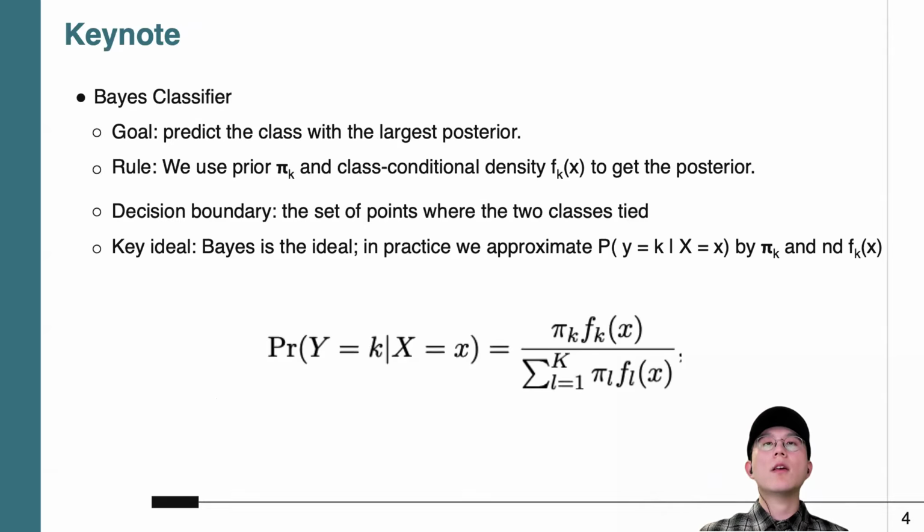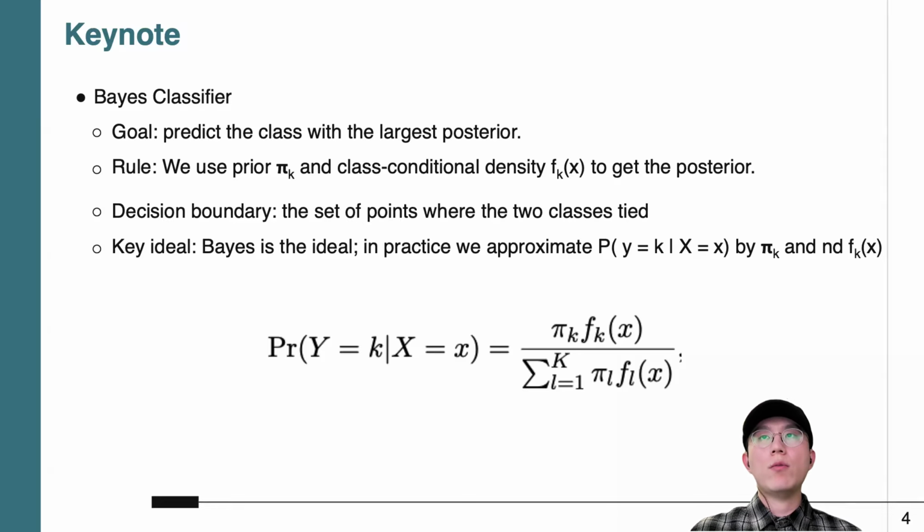The Bayesian classifier picks the class with the largest posterior probability. We obtain that posterior by combining the prior and the class conditional density by Bayes rule. The decision boundary is where two classes are tied in that space.